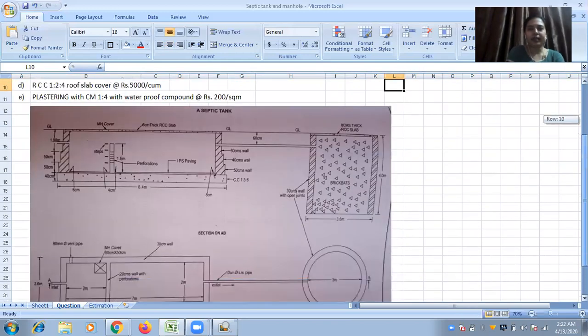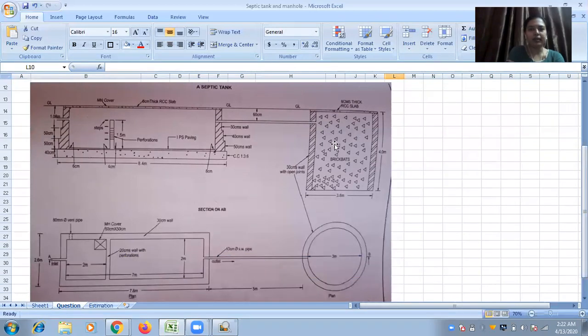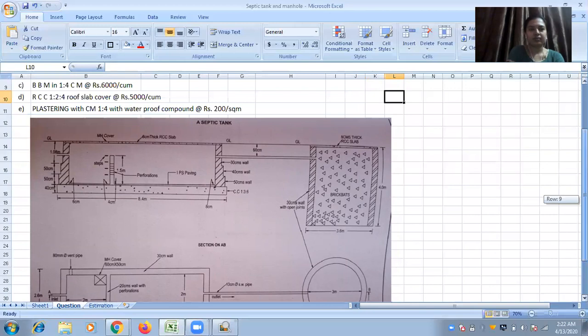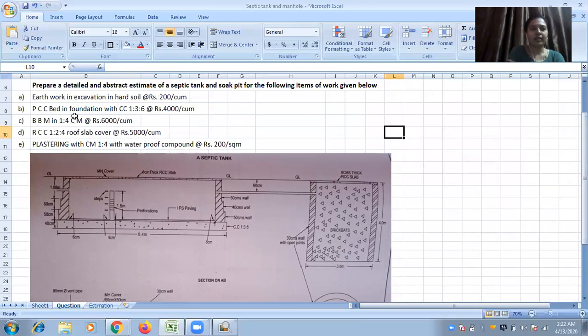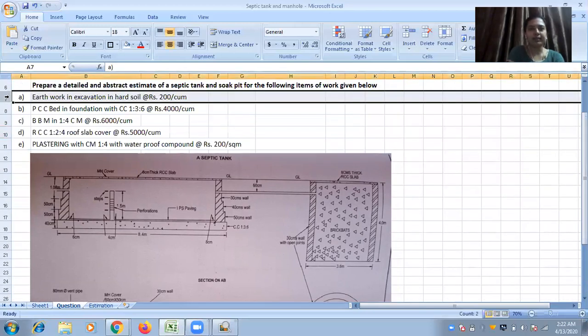This is a septic tank and soak pit diagram which is given. This is a septic tank, this is a soak pit, and this is a connecting pipe between them. First item of work which you have to calculate is earthwork in excavation in hard soil at ₹200 per cubic meter.